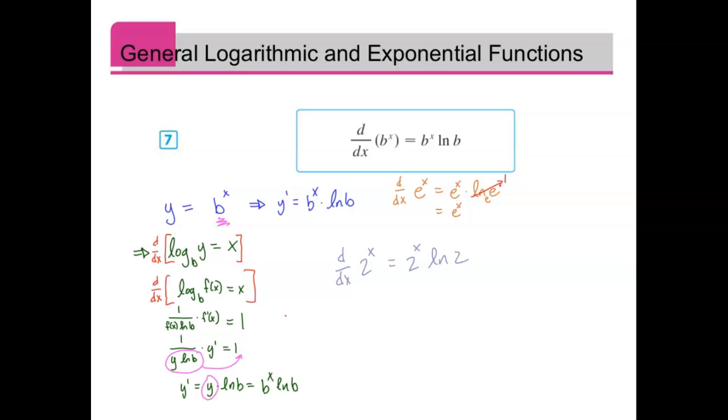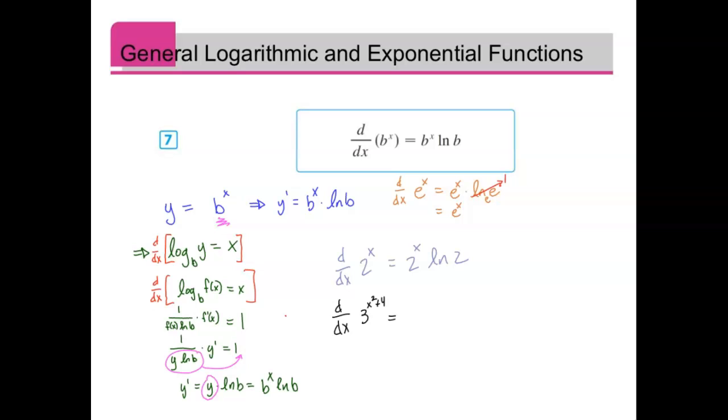Or here, let's do one that's maybe a little more challenging. What if I ask for the derivative of 3 to the x squared plus 4? In that case, we're going to be using the chain rule, where the outside function is 3 to the x.